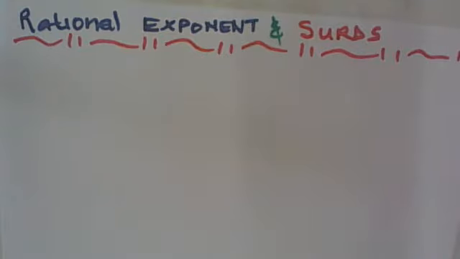First and foremost, I'm going to show you the rules pertaining to rational exponents and surds. Rule number 1.